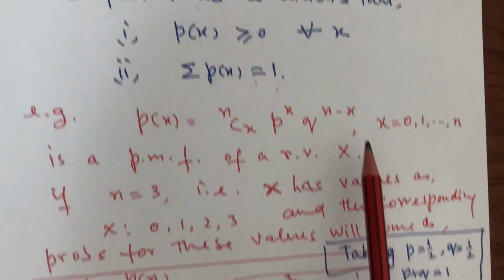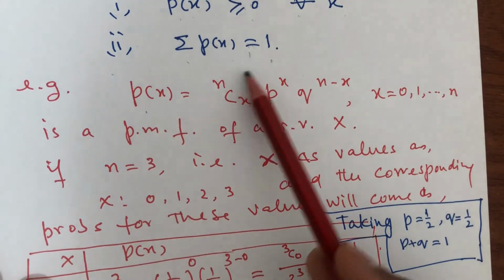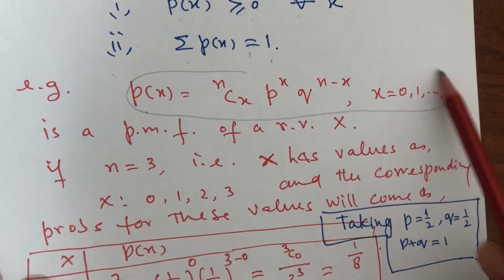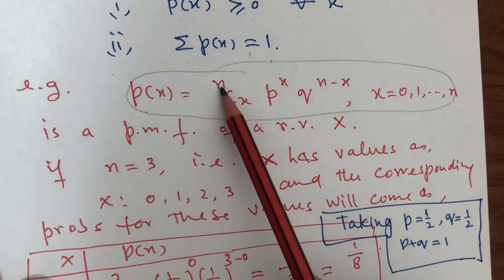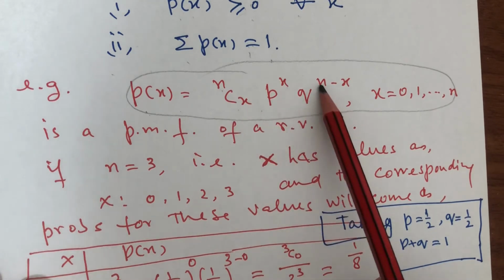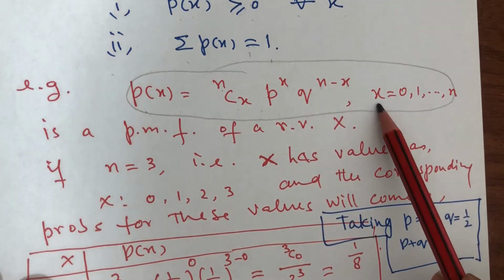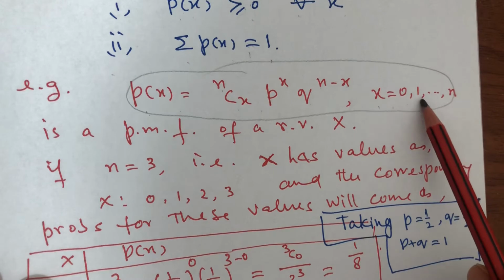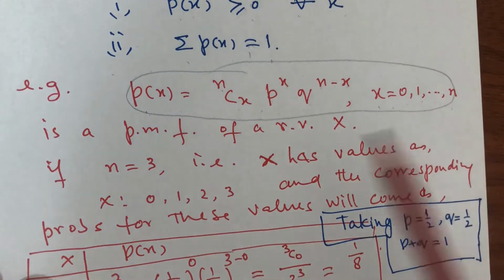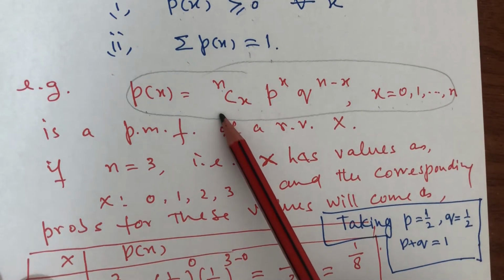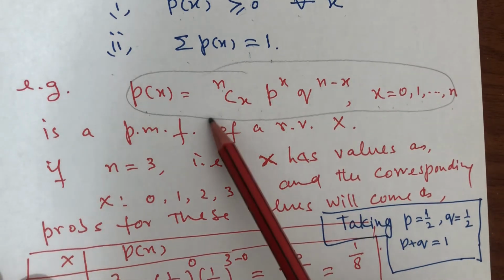For example, this is a very popular probability mass function, we will see later: P(x) = nCx p^x q^(n-x), and x has this range, x = 0, 1, 2, 3, 4, 5, up to n. This is called a binomial function. We will refer to this in a later section.